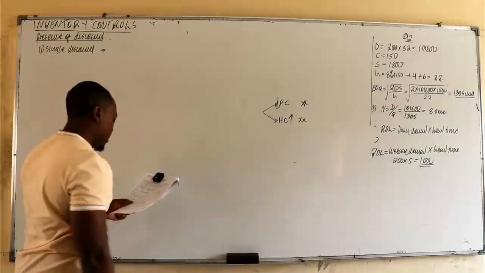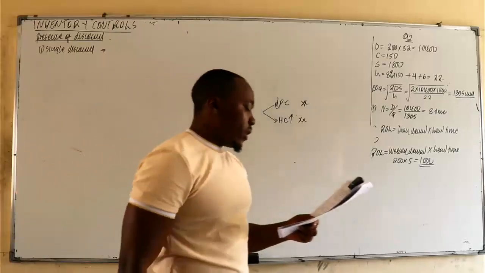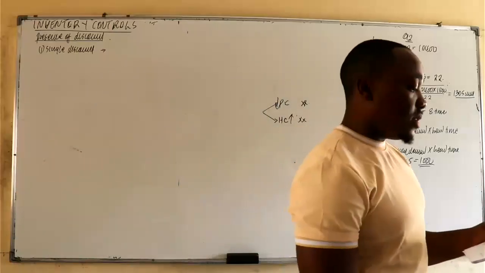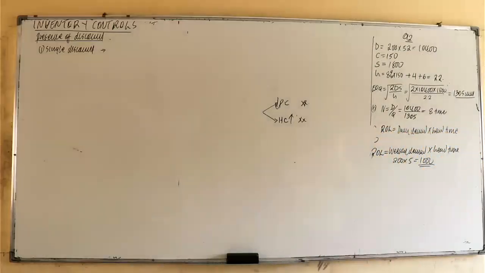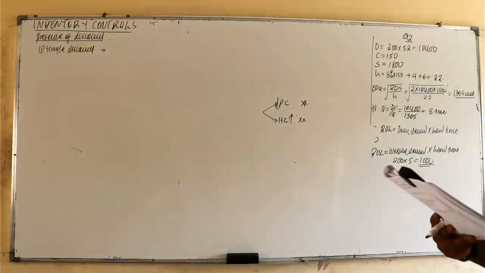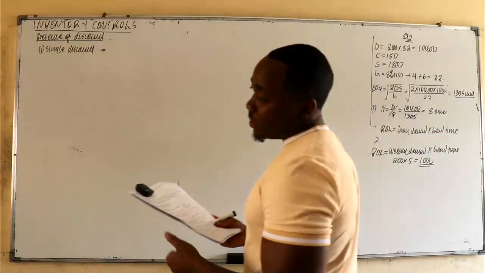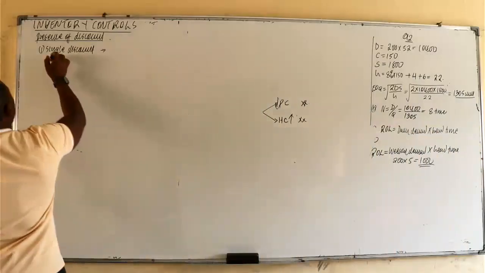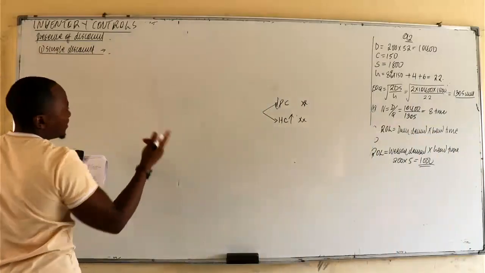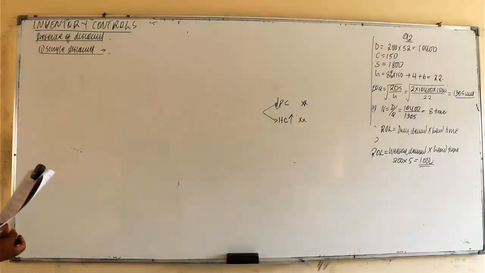Single discount. Now, this is where a constant rate of discount is offered irrespective of the number of units purchased. And the following steps are followed when evaluating the discount. I don't want to write the steps, but it's very simple. You want to determine whether the company should accept or not accept the discount.